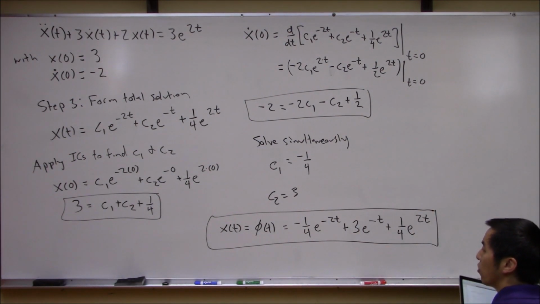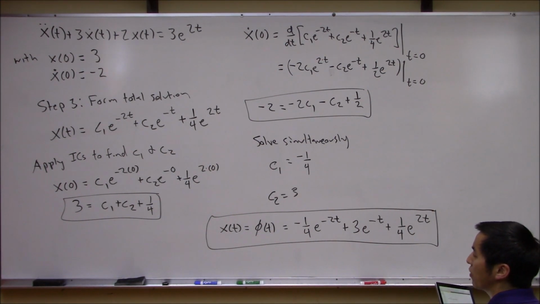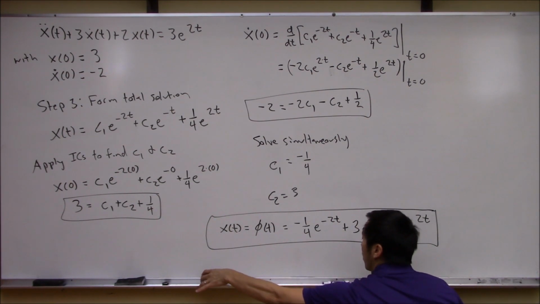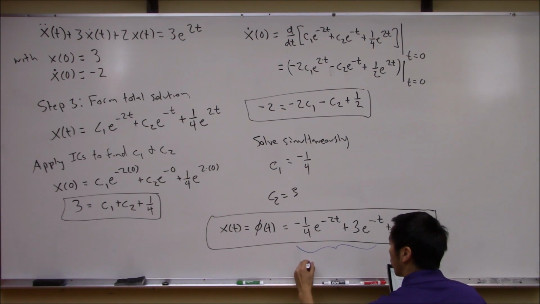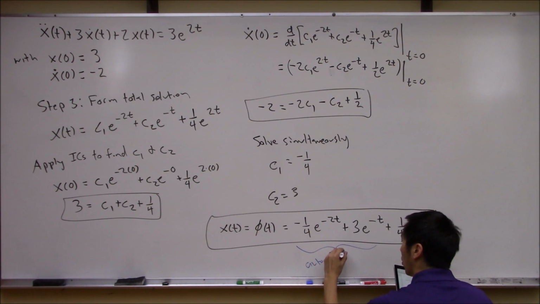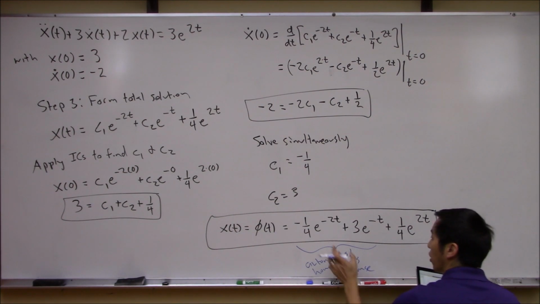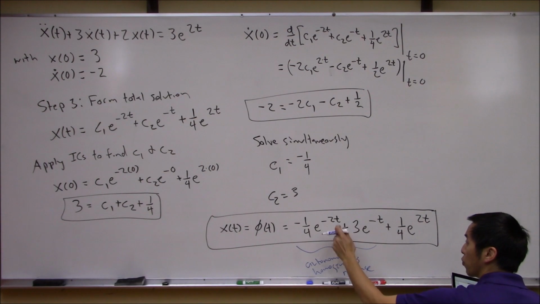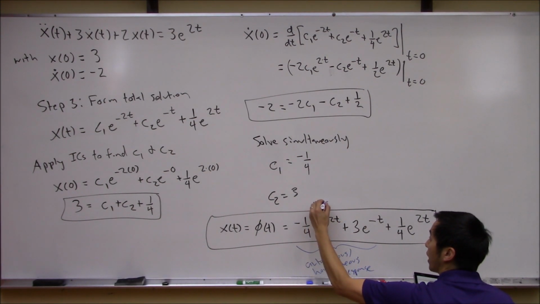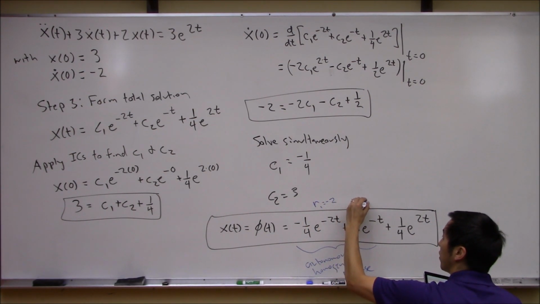And again, this is where it becomes very interesting and clear that we have this portion here, which was the autonomous or homogeneous response. This e to the negative 2t and e to the negative t, remember the roots were r1 of negative 2 and r2 of negative 1.